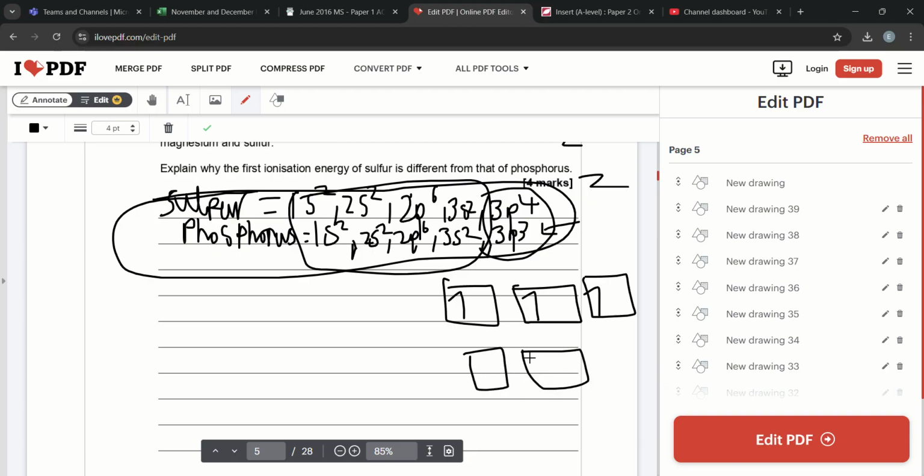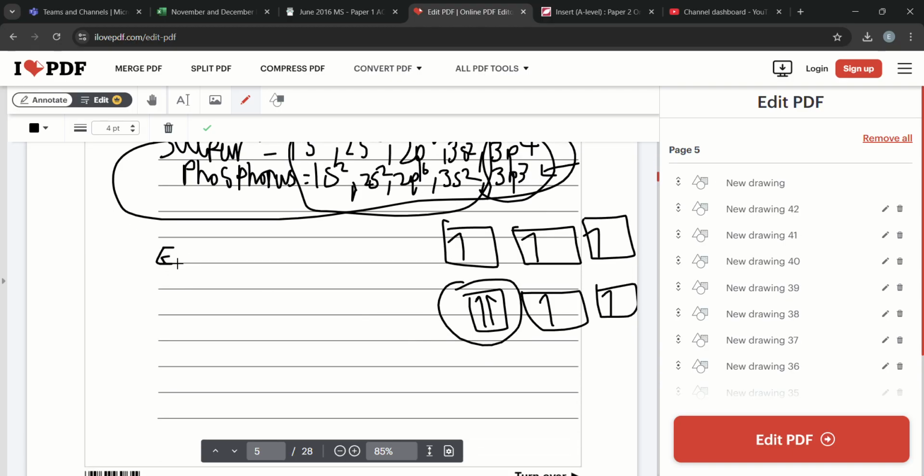Whereas in sulfur, it has one more electron, so that last electron has to pair with one of these 3 electrons. And remember, paired electrons repel.